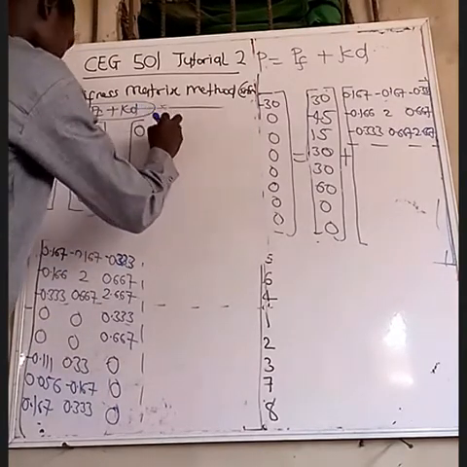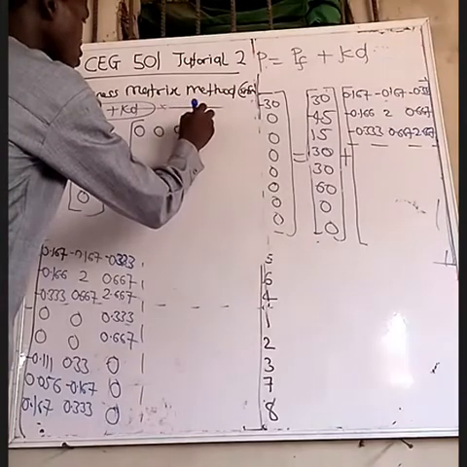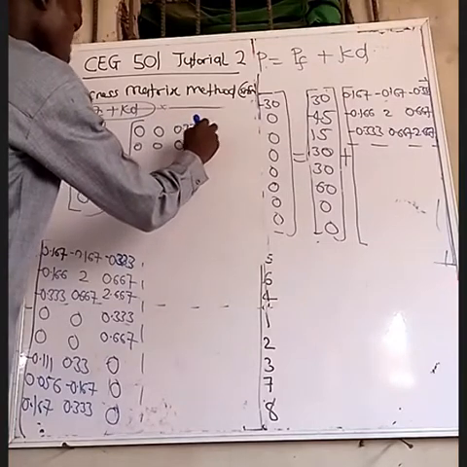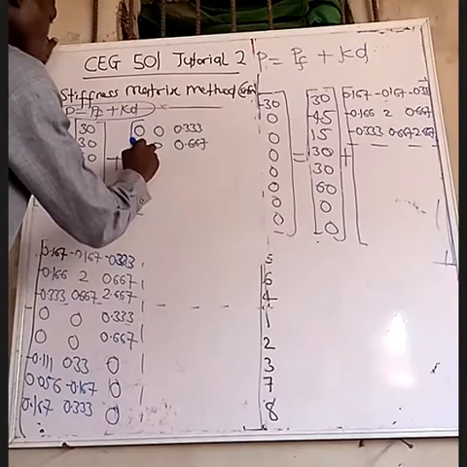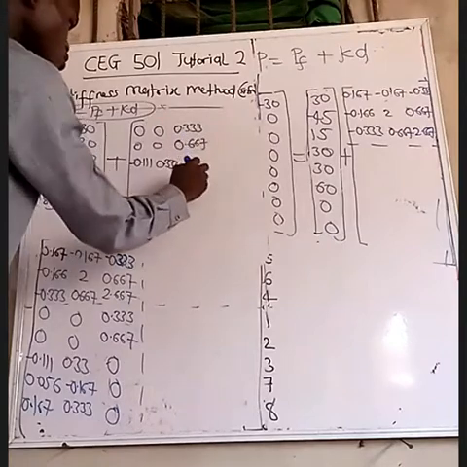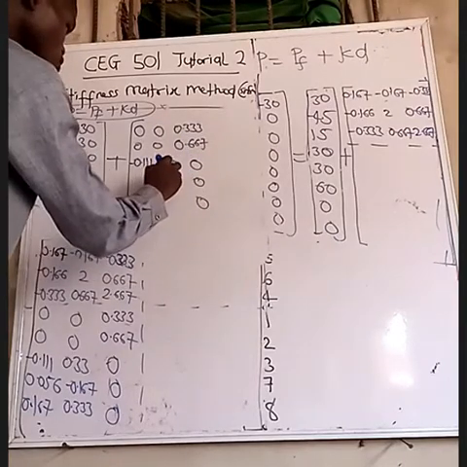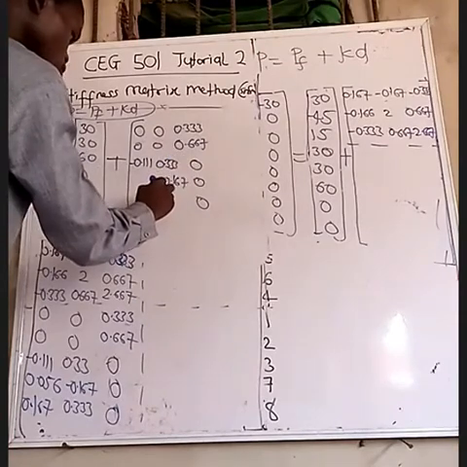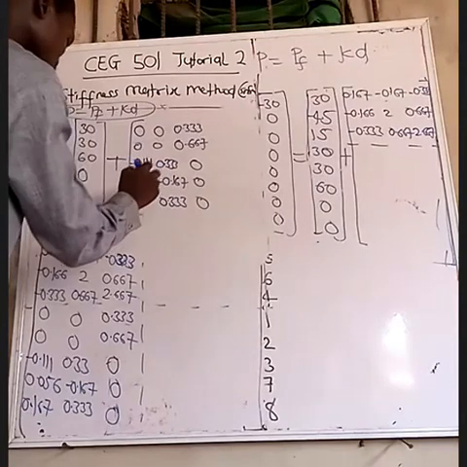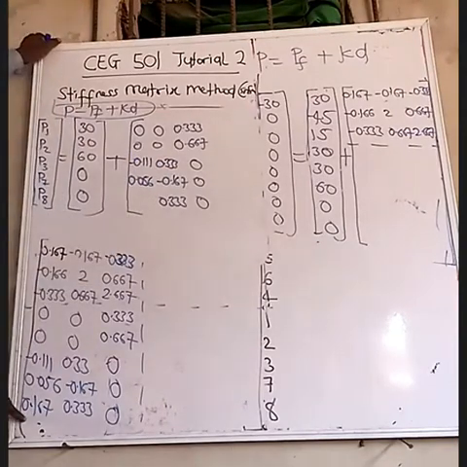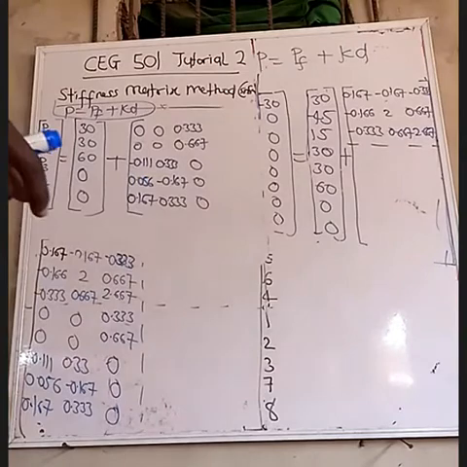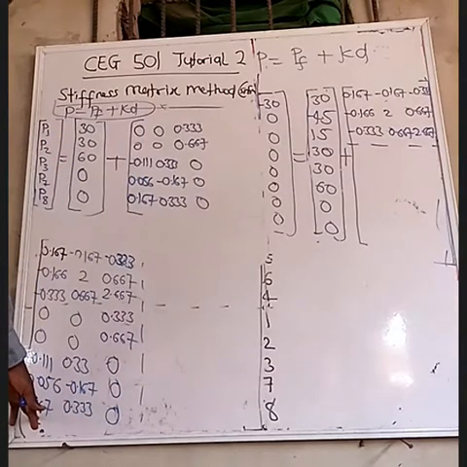So 0.667 minus 0.111, 0.333, 0.000 minus 0.167, 0.33, 0.056. This is plus. Is this plus 0.167?